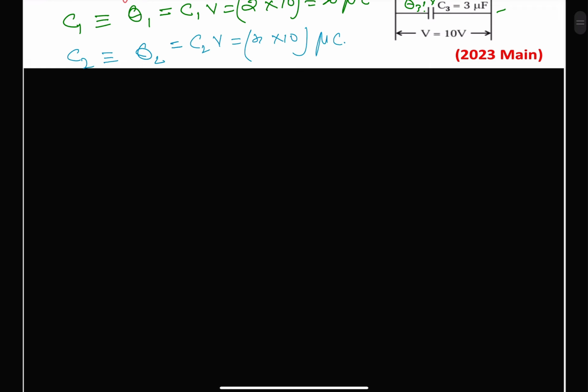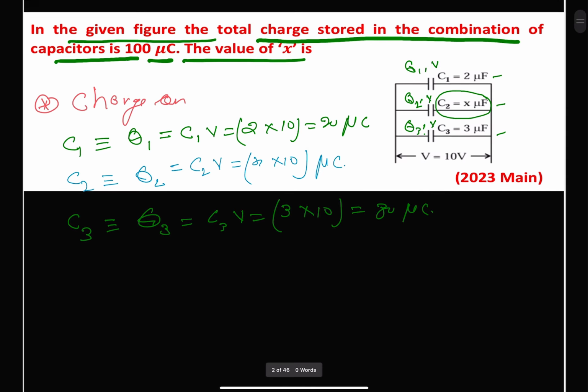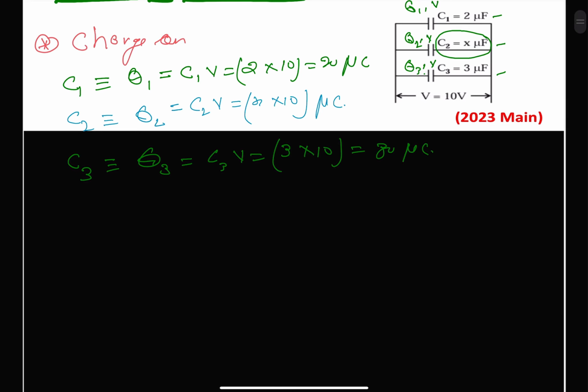And finally we come to C3. Q3 will be equal to C3 multiplied by V, and it will be 3 into 10, which will be 30 microcoulomb. We are given total charge is 100 microcoulomb. So in this case, the total charge will be equal to Q1 plus Q2 plus Q3.